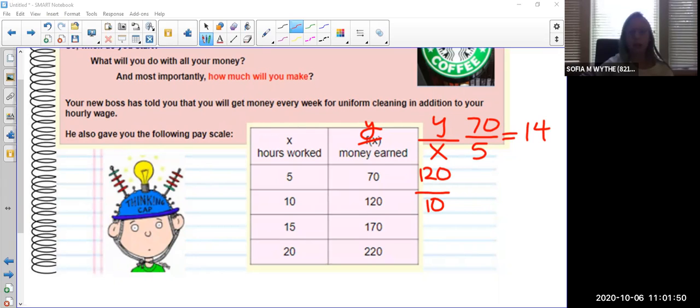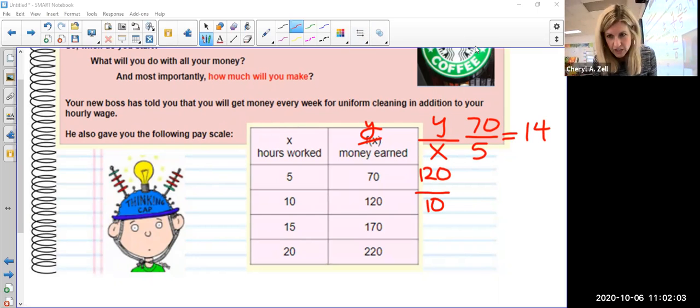If you look at 120 though, and you divide it by 10, do you still get 14?